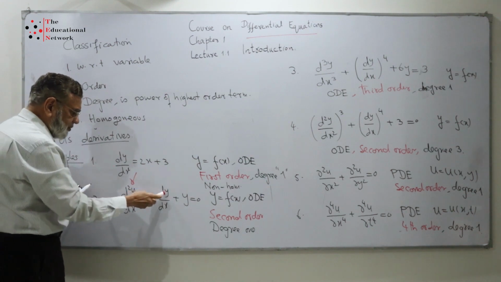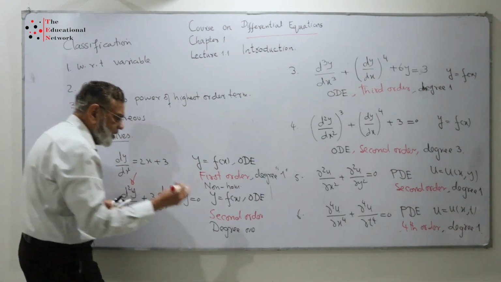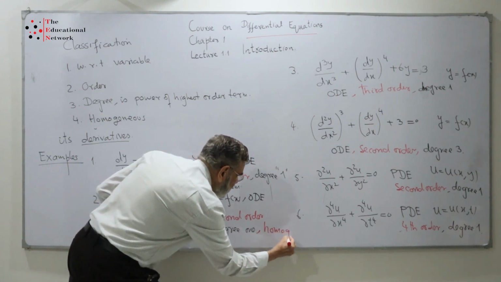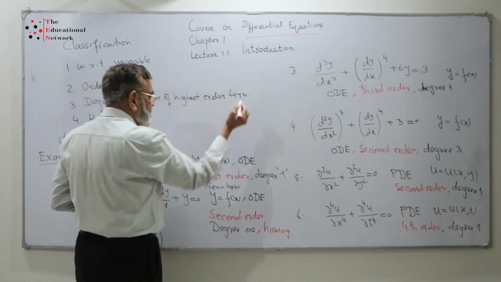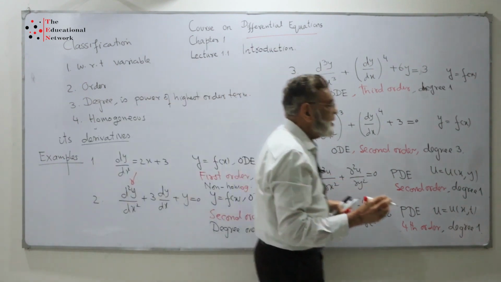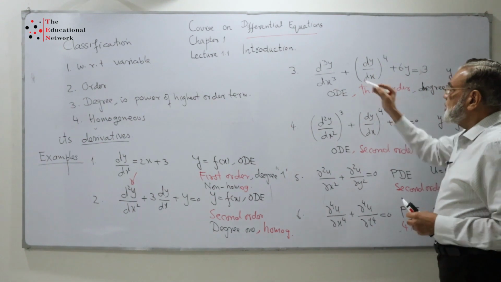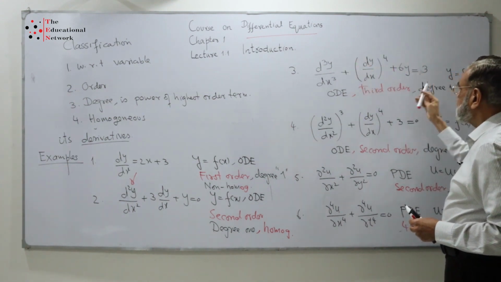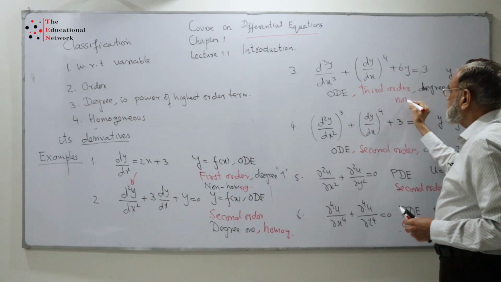If we look at this equation, y is present here, y is present here, y is present here. We say it's homogeneous. In this equation, y is present here, y is present here, y is not present here. This is non-homogeneous.